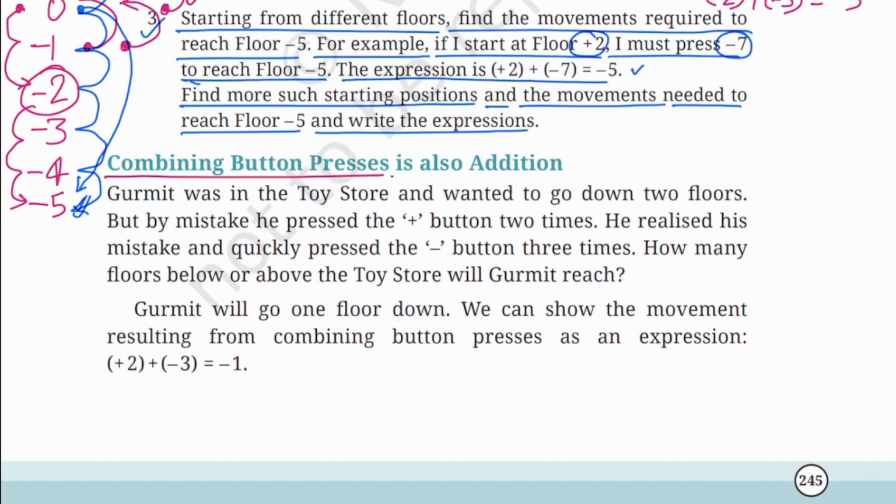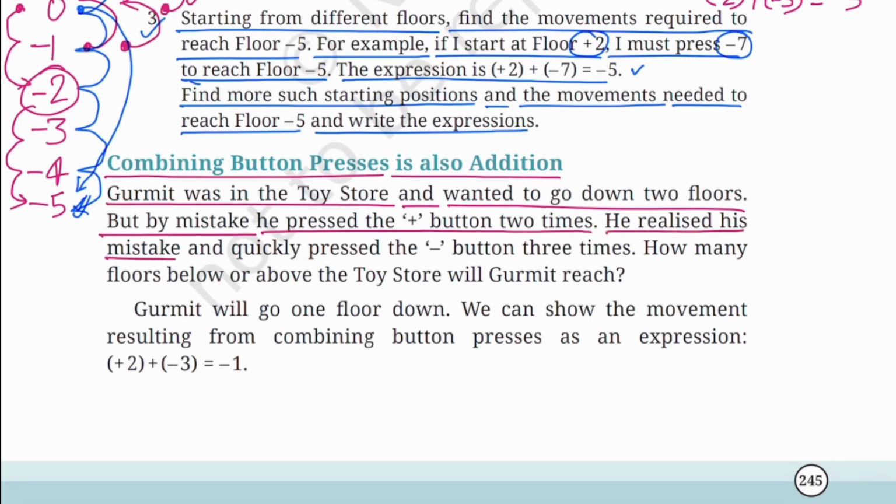Combining button presses is also addition. Gurmeet was in the toy store and wanted to go down 2 floors. But by mistake, he pressed the plus button 2 times. He realized his mistake and quickly pressed the minus button 3 times. How many floors below or above the toy store will Gurmeet reach?